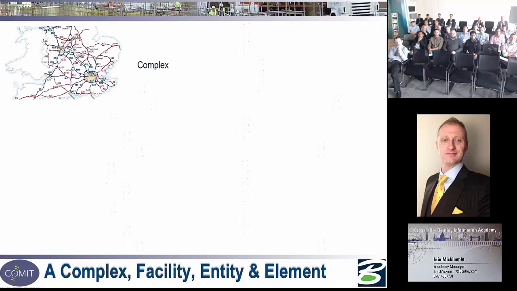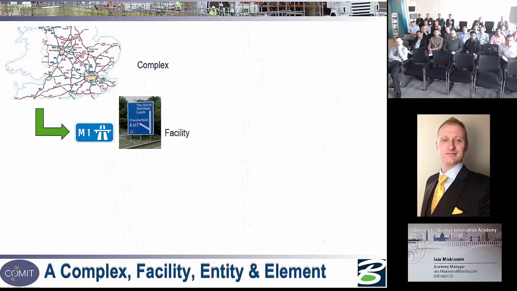At the very top, in this example, we have a complex. Okay, this is all the highways in Highways England, as they're now called. Below that, we have facilities. Now, facilities are hubs and connectors. So the M1 is a facility, and Junction 29 is a facility. If you think of the waterways, you've got piping and rivers between pumping stations and filters and dams and whatever.